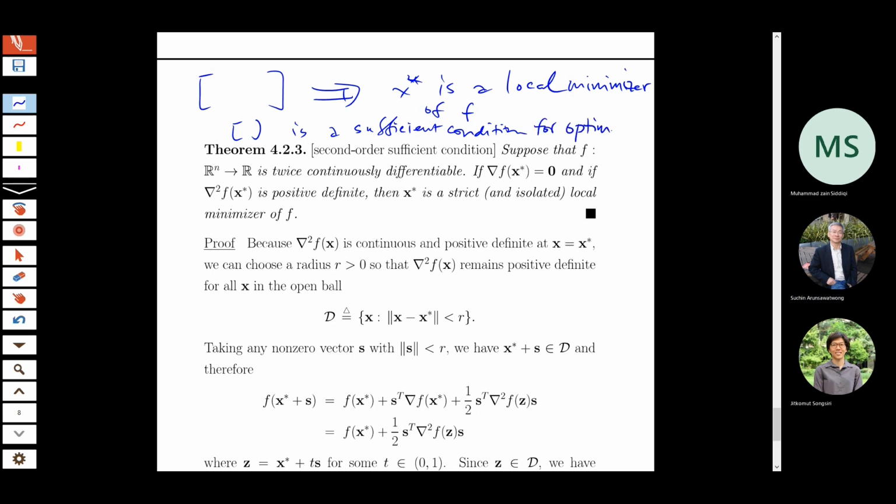Optimality. We will see here what this is. As usual, because this is a second order condition, we have to make sure first that the Hessian matrix exists, and also that it is a continuous function.